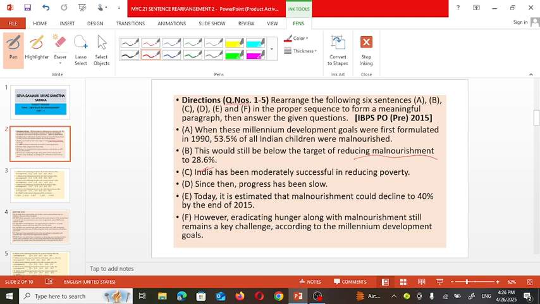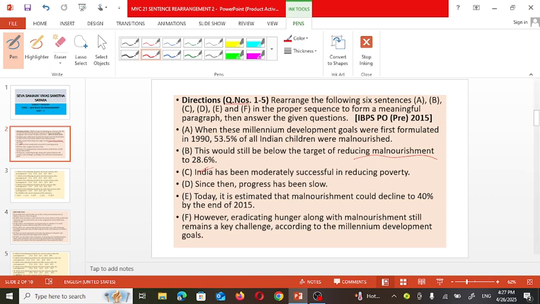That is not clear. Then: Today, it is estimated that malnutrition could decline to 40% by the end of 2015. And the last sentence given here: However, eradicating hunger along with malnutrition still remains a key challenge according to the Millennium Development Goal.